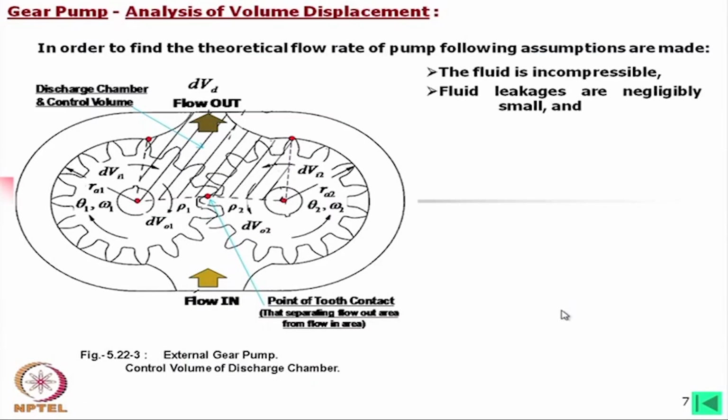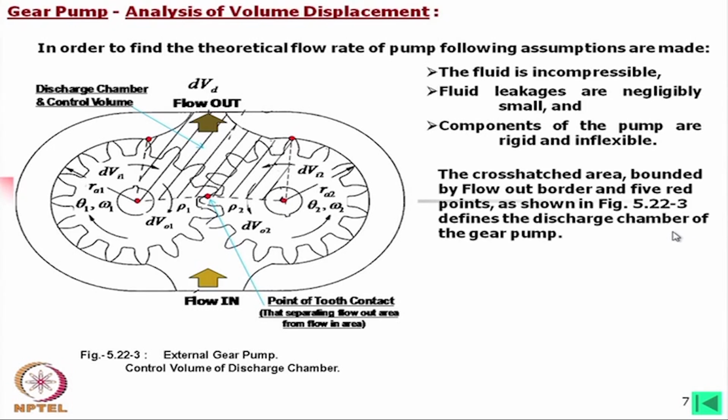So, if we consider incompressible, then we need not bother about that. Fluid leakage is negligibly small and neglected. Also, components of the pump are rigid and inflexible, although in some analyses the pipe is considered flexible, that will complicate this analysis.